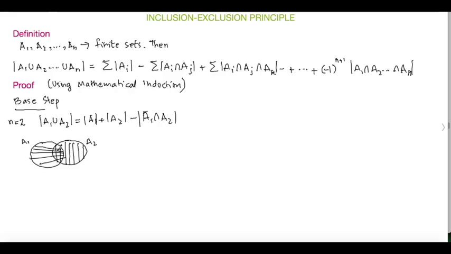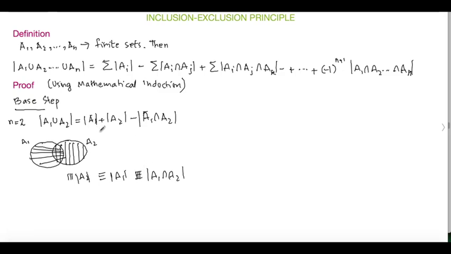But note that this intersection is shaded twice, so that's why we have to take away one of them. This shading is my A2, this shading is my A1, and this is my A1 intersection A2. So I have to take away this once, because it is shaded twice.